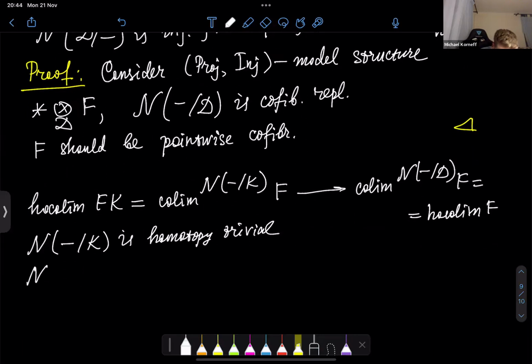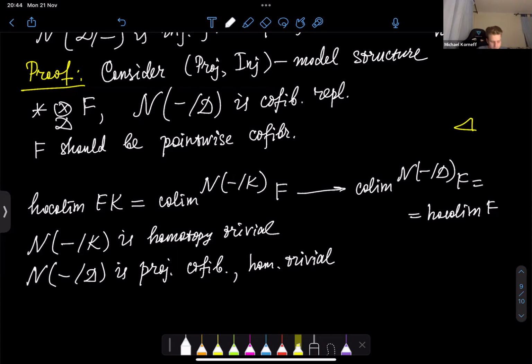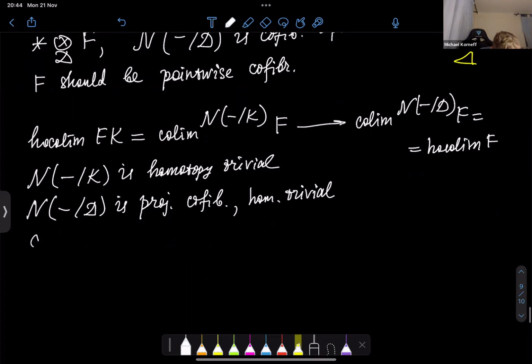And we know that this functor is projective cofibrant and homotopy trivial also, as there is a terminal object. And so we have a weak equivalence.